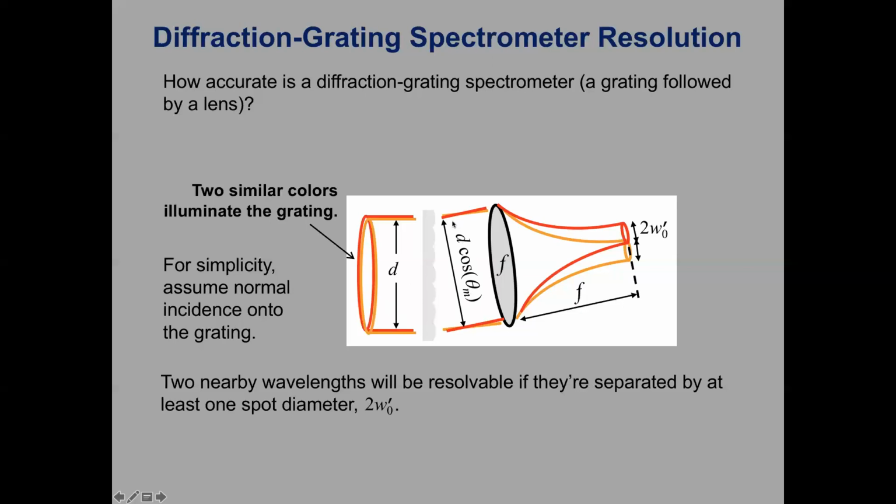And after diffraction, depending on the order we're talking about, the size of the beam after it comes out of the grating will be D times cosine of the diffraction angle for that constructive fringe, whichever one we're using. Usually it's theta 1, the first order fringe. The further out orders tend to get too dim.